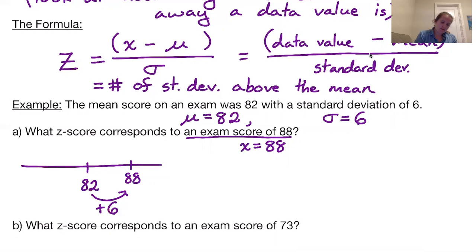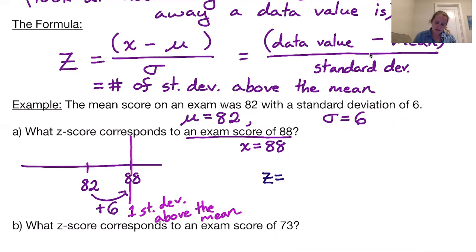So this is 1 standard deviation above the mean. And if we do our z-score calculation, z equals the data value x minus the mean divided by sigma.